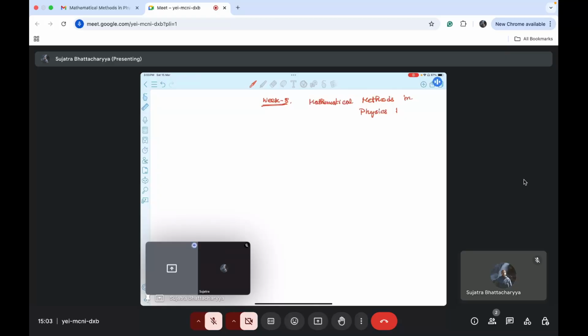But before that, already in the last class, I was discussing the inverse Laplace transform, and I have also listed some of the inverse Laplace transforms. And based on that, one or two questions we have solved already for the inverse Laplace transform. And we will do some more.